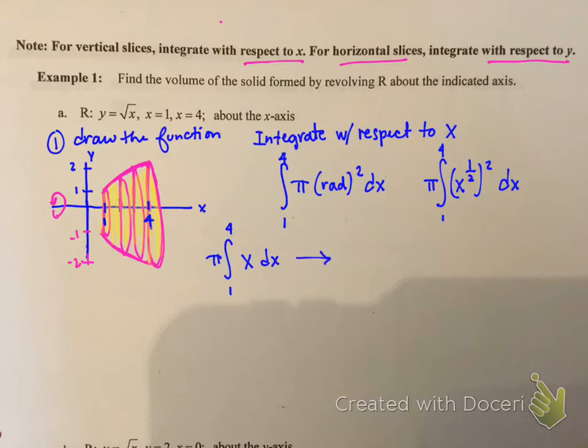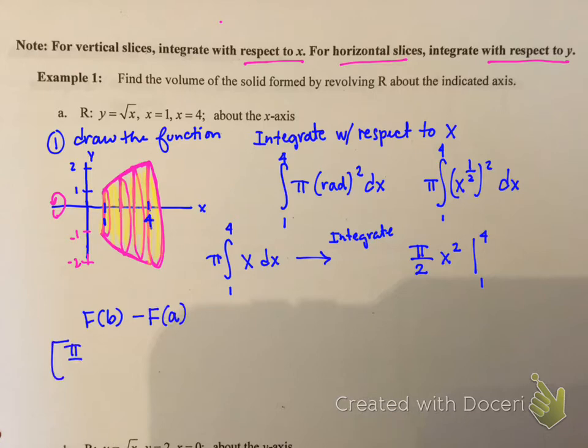So let's integrate that. The integration of x is x squared over 2, and remember I have to multiply that by pi, so it's going to be pi over 2 x squared. I'm integrating that from 1 to 4, the lower and upper limits. So I'm going to take f at b minus f at a.